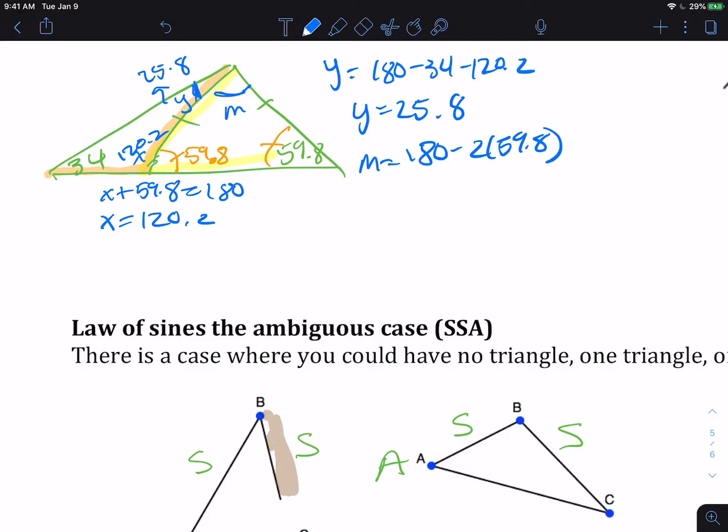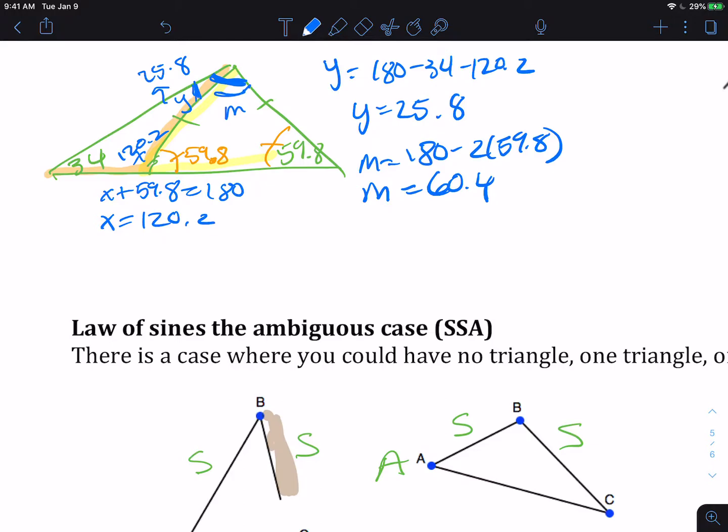Either one is fine. So then that just gives us that M is 60.4, which means that I can find this full angle here. This angle here. So I could just add the y and the m together.